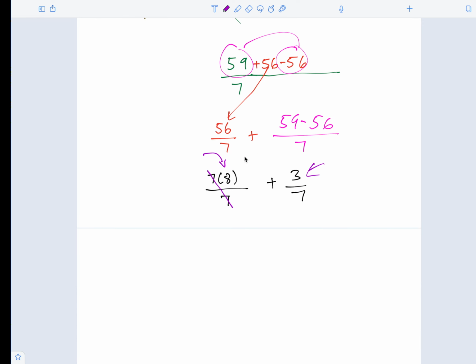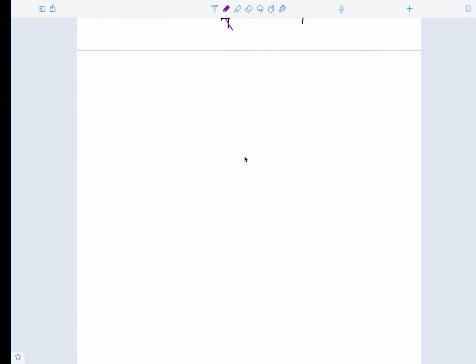So, let's take a look now and play the same game, but this time we're going to do it with polynomials. So give me 1 second. I'm going to pull up a polynomial problem here real fast. So let's say I give you m squared minus 7m minus 11 divided by m minus 8.